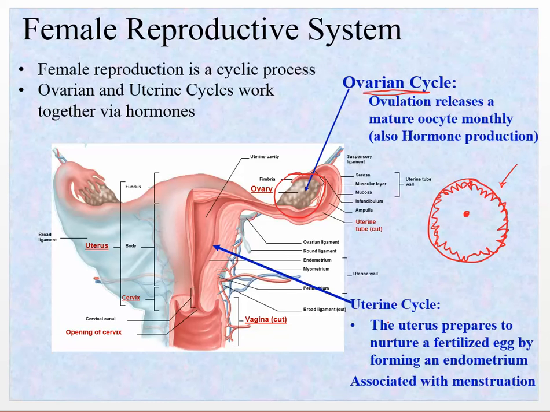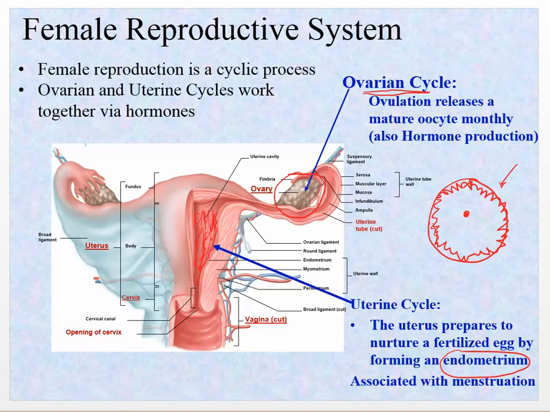In the uterine cycle, you're building up something called the endometrial lining, which I mentioned before. That's this layer of blood and tissue there to nourish a fertilized egg so it can survive in there. These are both cyclical, but they absolutely work together. There's constant feedback between these.